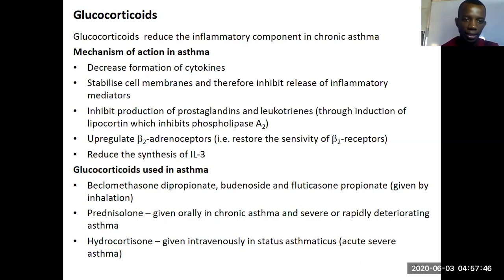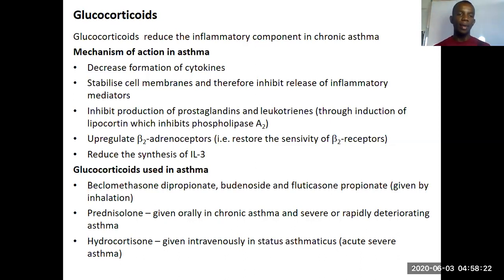Once these cytokines are decreased, they will stabilize the cell membranes and therefore inhibit the release of inflammatory mediators, in this case the prostaglandins and leukotrienes, through induction of lipocortin, which inhibits phospholipase A2. They also upregulate beta-2 adrenoreceptors, as well as reduce the synthesis of interleukin-3.